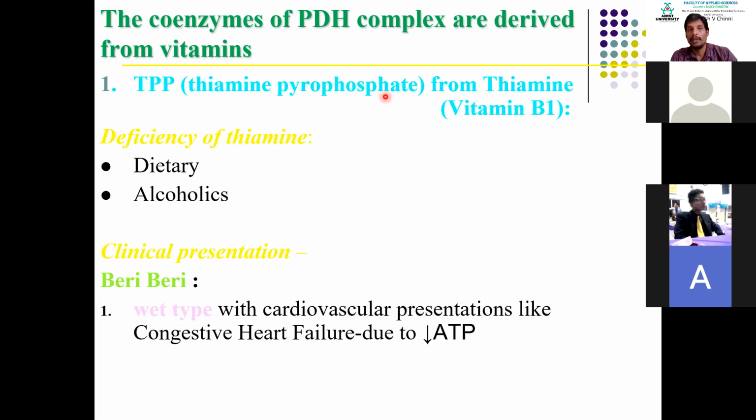What happens when there is not sufficient vitamin B1, which is needed for the TPP, the coenzyme for the PDH? If you don't have enough vitamin B1, it will lead to low ATP, and this kind of beriberi. And the dry type is a peripheral neuropathy.